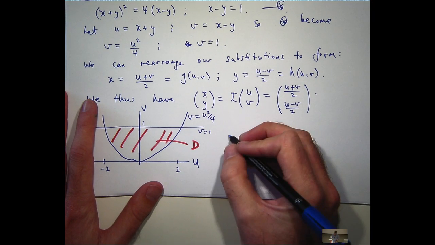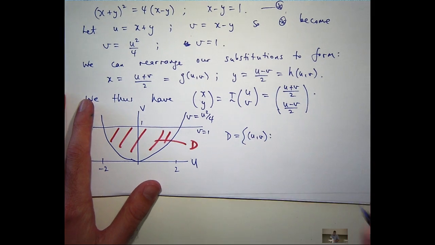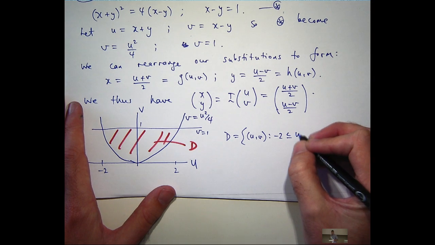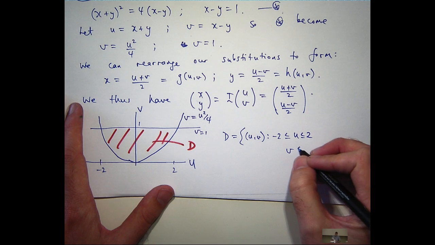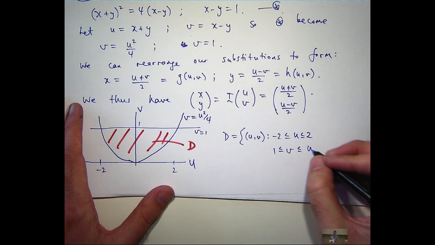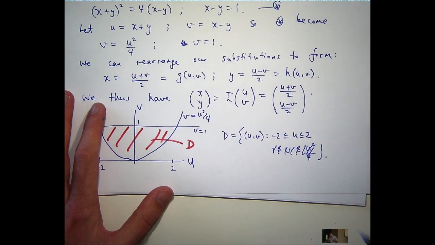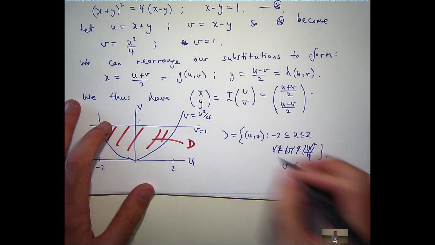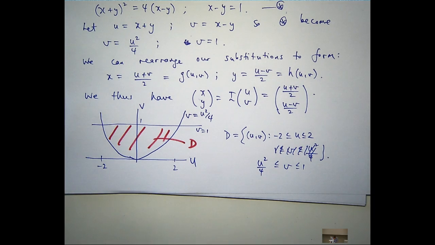So our region D that we're interested in is just u between minus 2 and 2, and v greater than or equal to 1, less than or equal to u squared on 4. So let me just adjust that. So v's got to be less than or equal to 1 and greater than or equal to u squared on 4. Thank you very much.